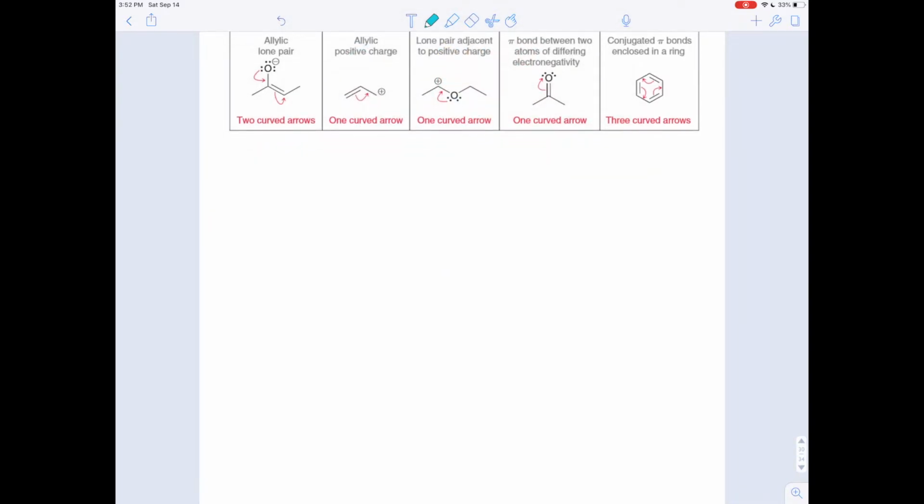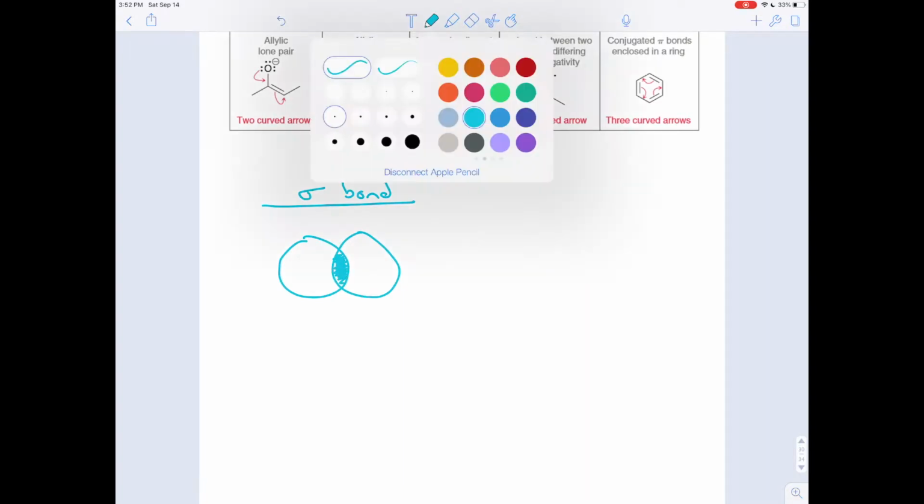Remember, there are 2 types of bonds. There's a sigma bond, and you form a sigma bond when 2 orbitals overlap, and the overlap isn't interrupted at all.